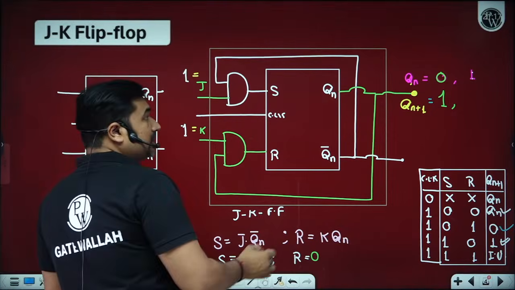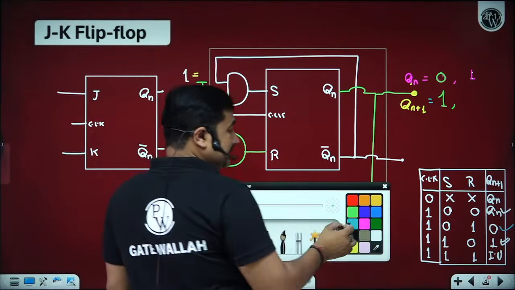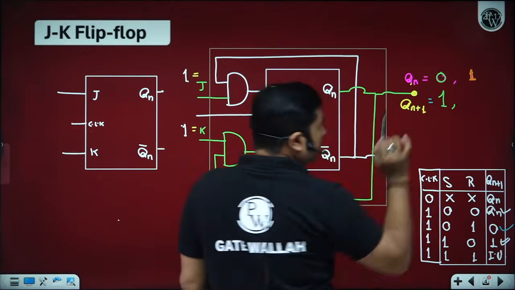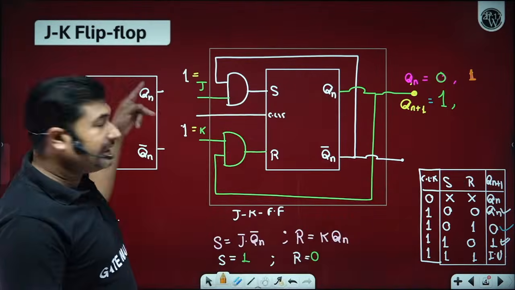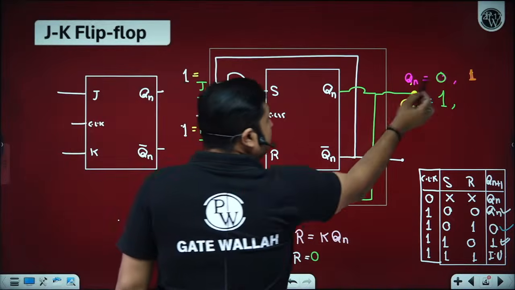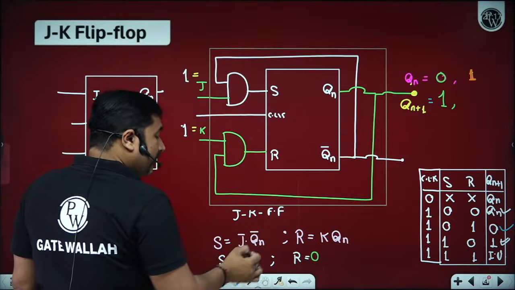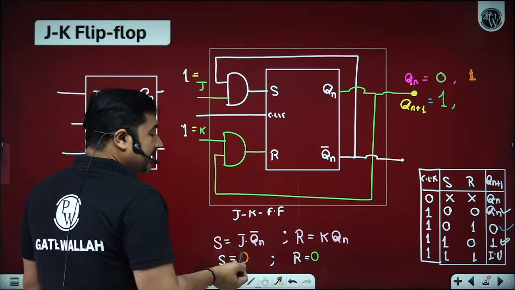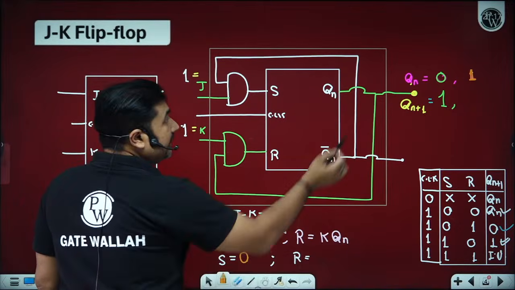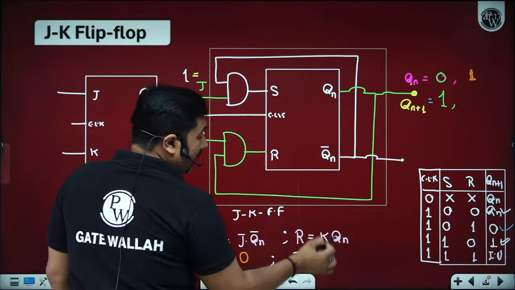Now again observe, suppose the present state is logic level 1, and we apply the input 1, 1. Then, with Qn equal to 1, we get bar of 1, that is 0, and 0 multiplied by J is 0 only, and on the K side we get 1 into 1, so R is equal to 1.